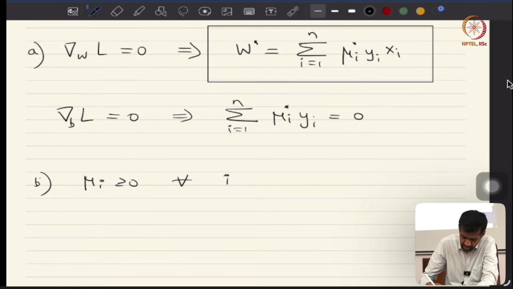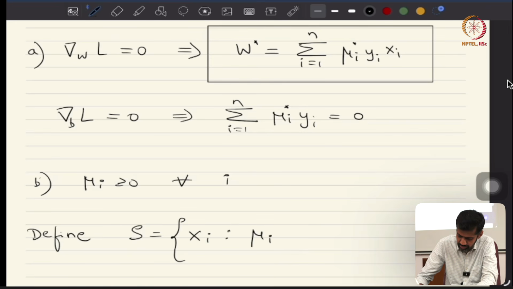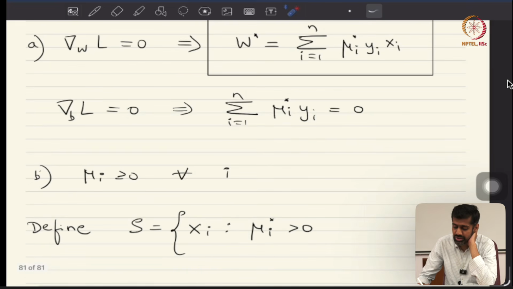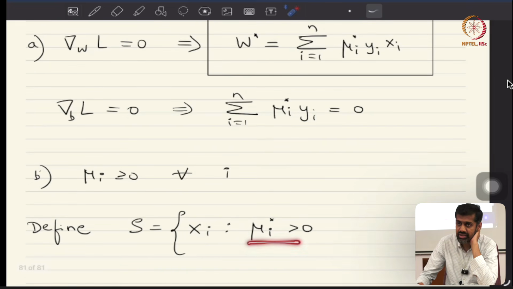Now, define a set S, which is a set of all x_i's for which the Lagrange multipliers are non-zero. We know that one of the KKT conditions tells you that the Lagrange multipliers all have to be non-negative. They can either be 0 or positive. Now, let us consider all those x_i's for which the Lagrange multiplier is strictly positive.